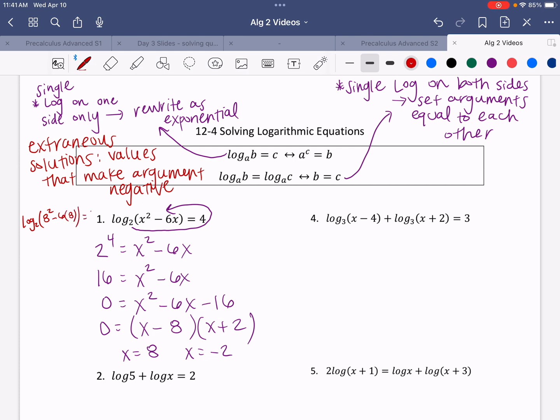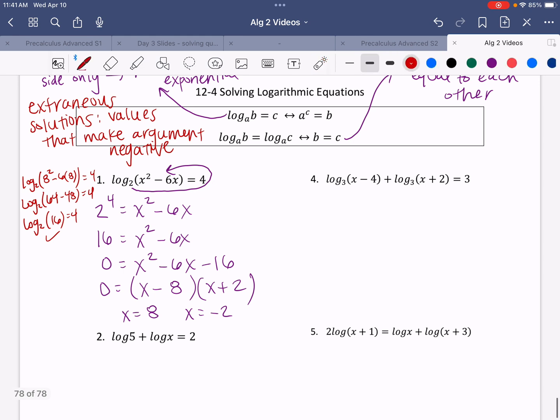If we want to know if it's 4, log base 2 of 64 minus 48, and 64 minus 48 is 16. So this works. 2 to the 4th is 16. It did not give me a negative argument. So I'm good to go.